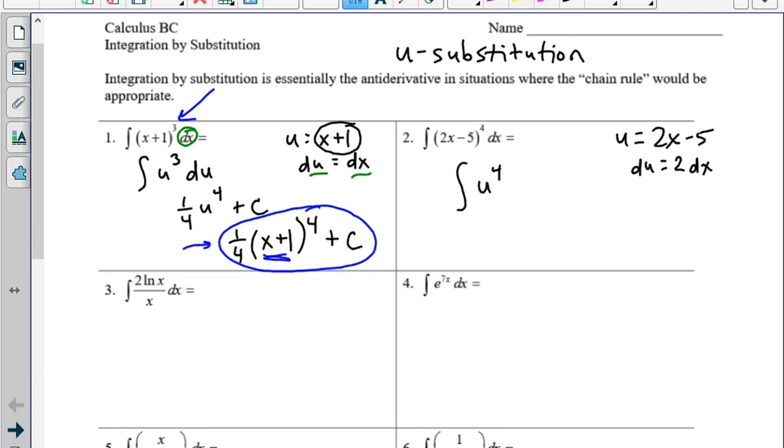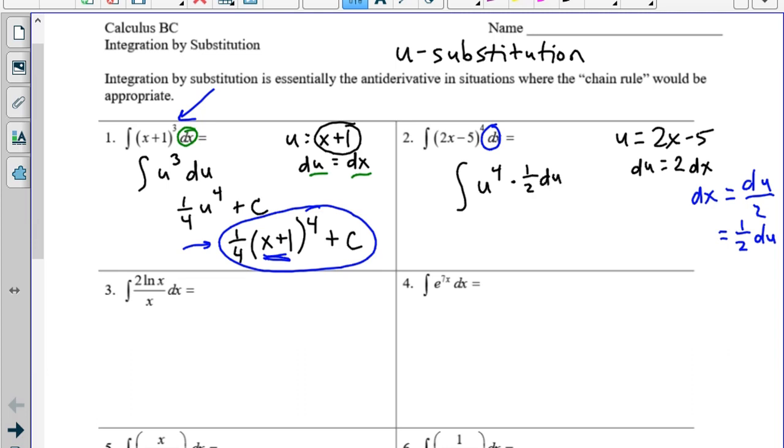I need to get rid of dx and replace it with a du. If I solve for dx, I divide by 2 on both sides. I get du over 2, or 1/2 du. So I can replace dx with 1/2 du.